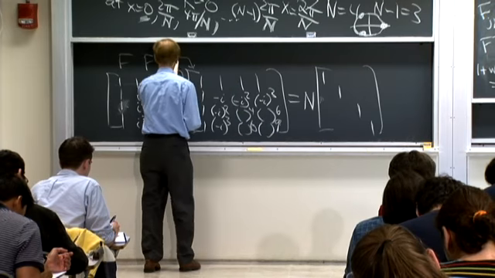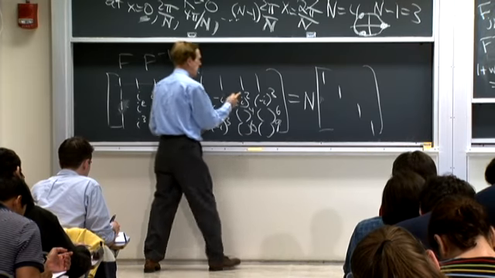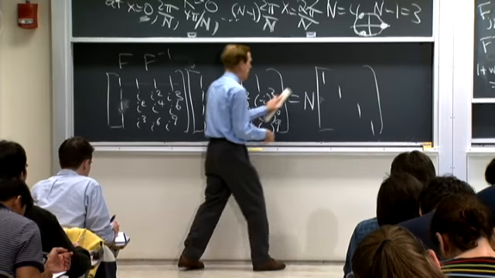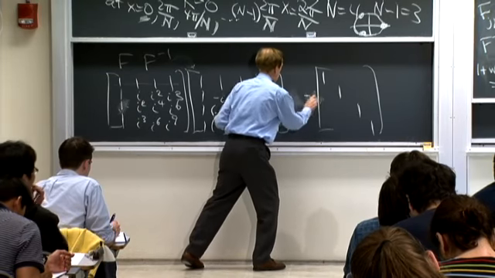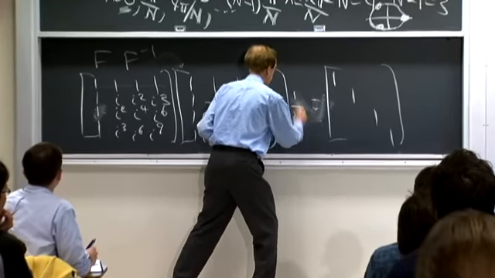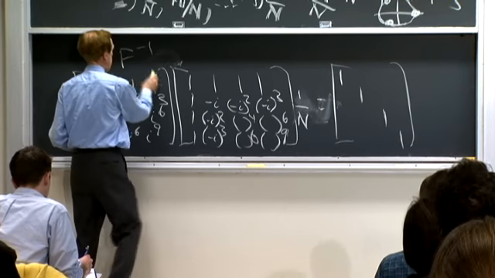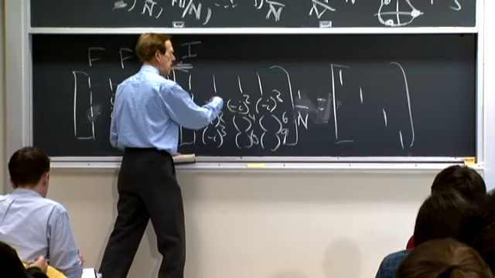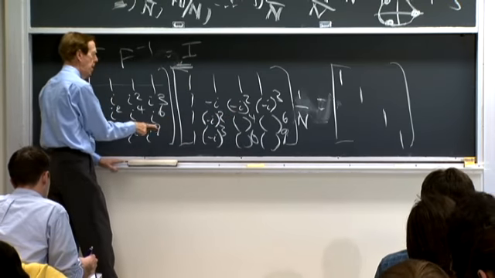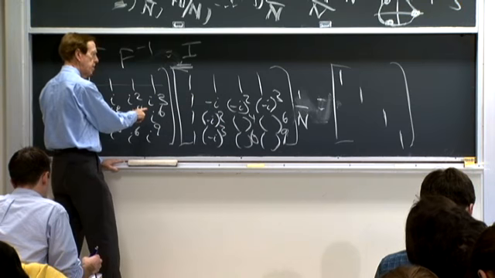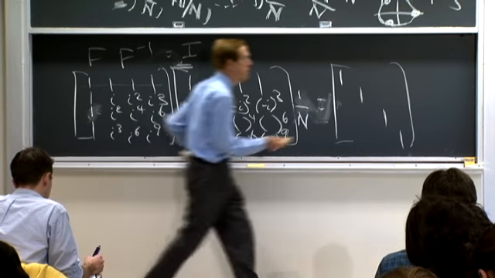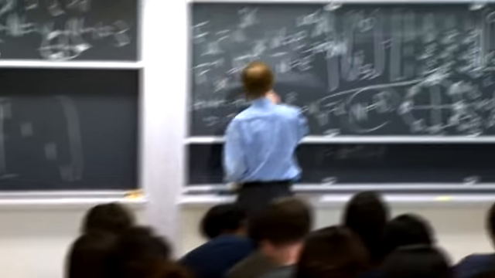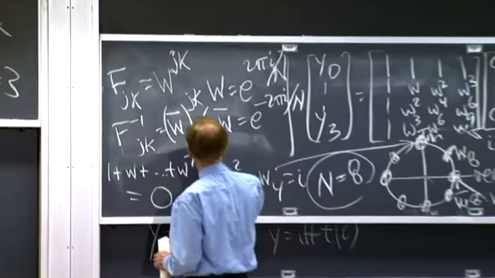In other words, if I want to get the identity, I better divide this by n. So now that's f inverse. So f inverse is just like f, except complex conjugate and divide by n. If I want this formula to be really correct, I have to divide by n.